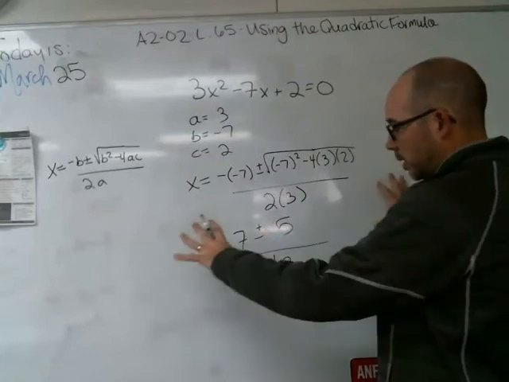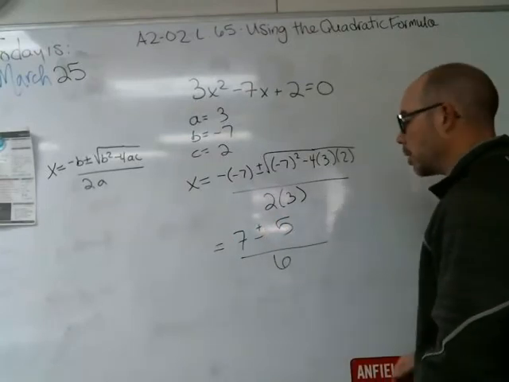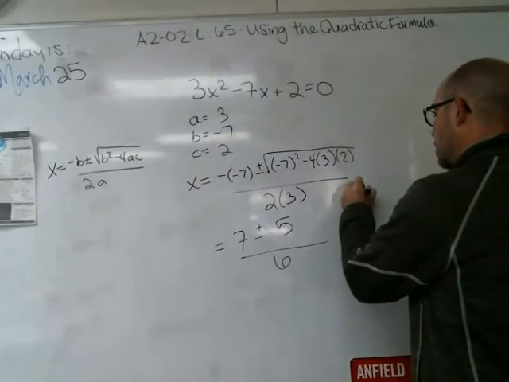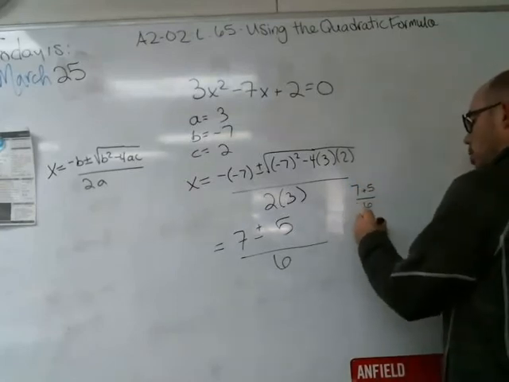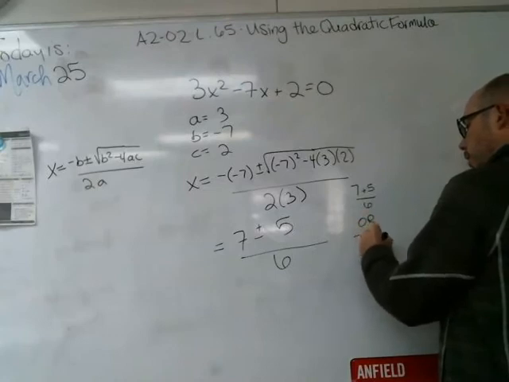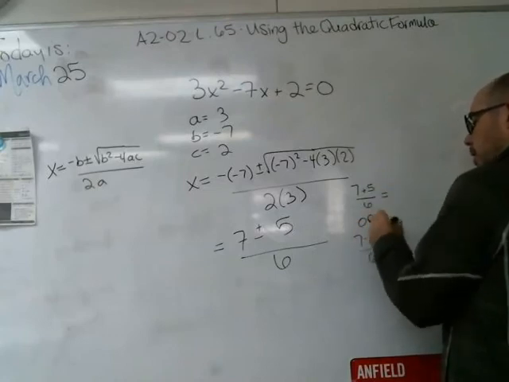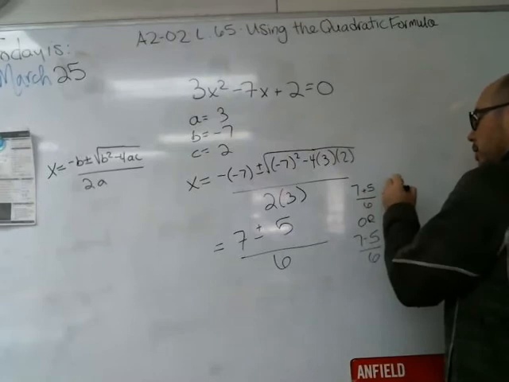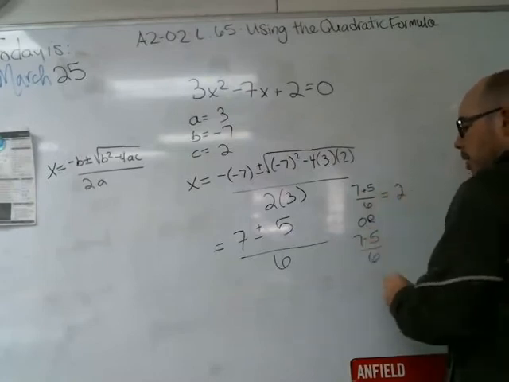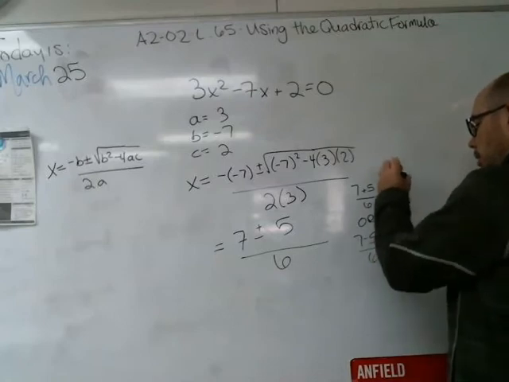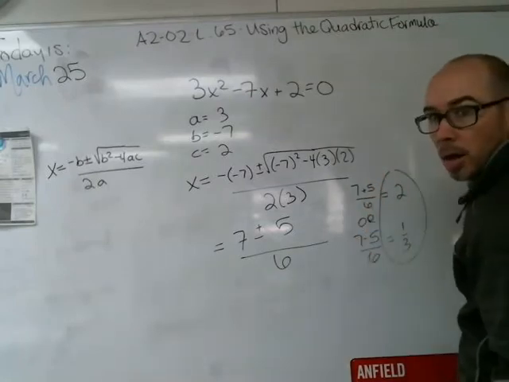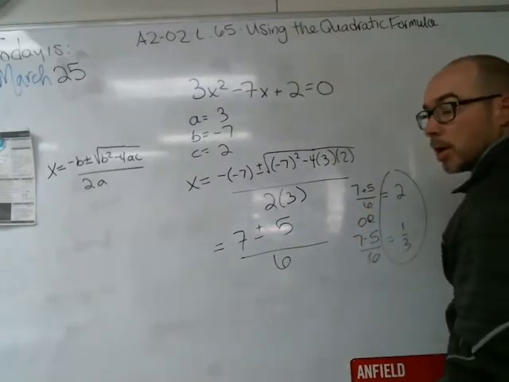And our problem splits up into two little problems. It will be 7 plus 5 divided by 6, or 7 minus 5 divided by 6. This is 12/6 or 2, and this here is 2/6 or 1/3. There are our answers, 2 and 1/3.